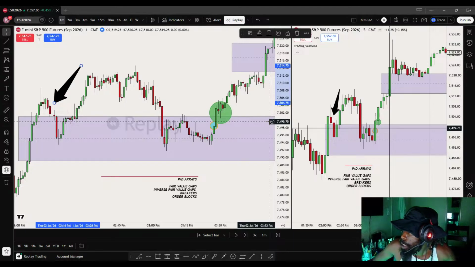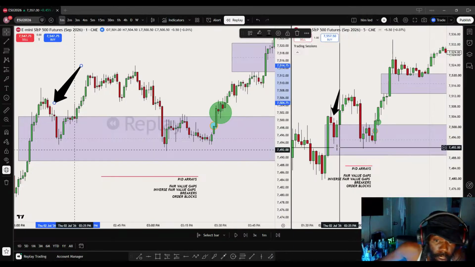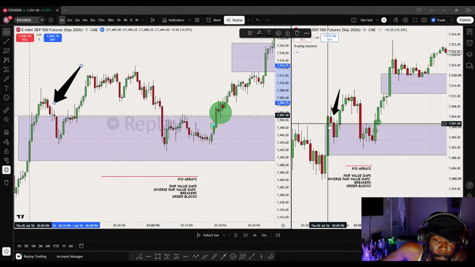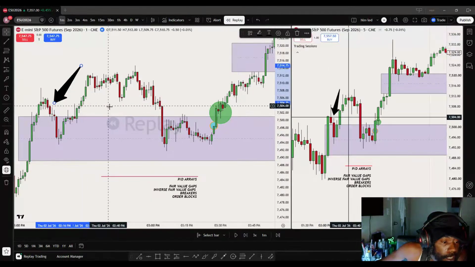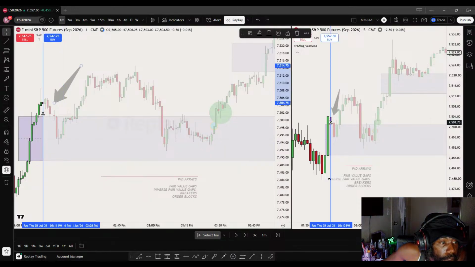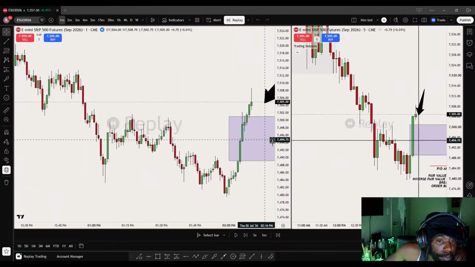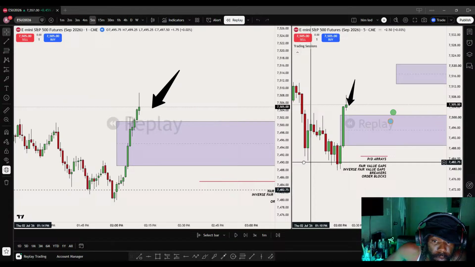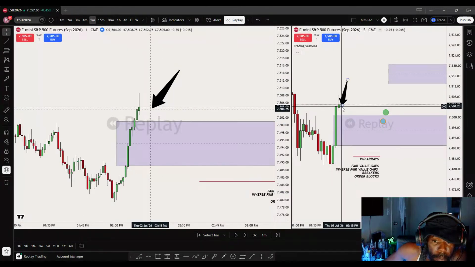All right, cool. So when we make this fair value gap, let me actually replay it again, because I can. So let's say we're here. This is how the market is gonna look.